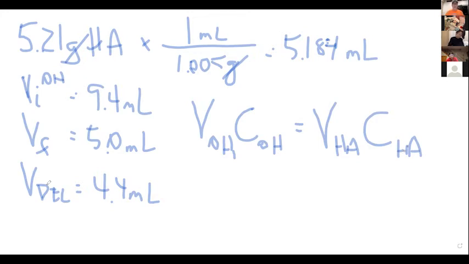I believe it asks you to calculate the number of moles of hydroxide. Is that correct? I think it does. So if I need to calculate moles of hydroxide, I need to convert this to liters, because that is what my concentration is in.